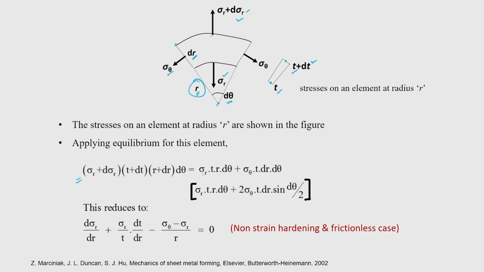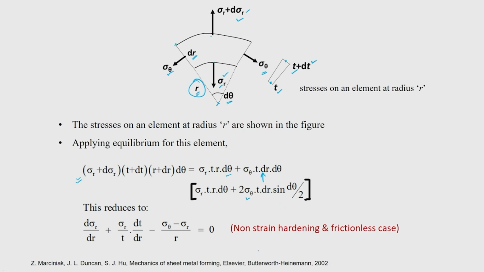That will be equal to sigma r t r d theta, and there will be one component of sigma theta along the r direction. That is going to be 2 sigma theta dr sin(d theta by 2), which can be written as sigma theta t dr d theta.